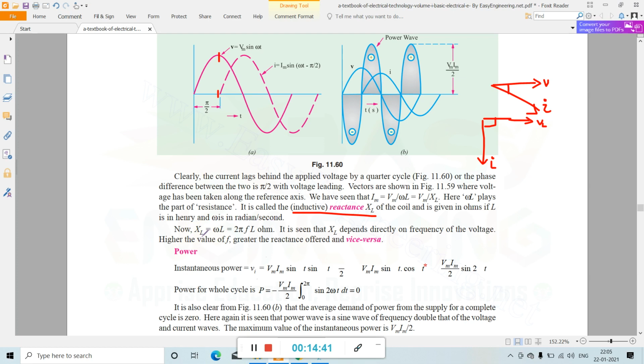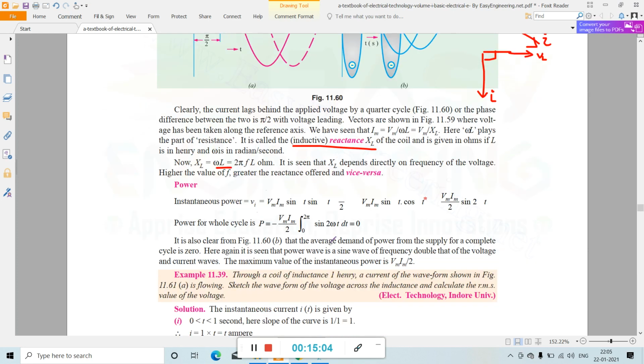So XL is the inductive reactance, equal to ωL, that is 2πfL, because ω is 2πf. It is seen that XL depends directly on the frequency of the voltage. So the higher the frequency, the greater the reactance offered.